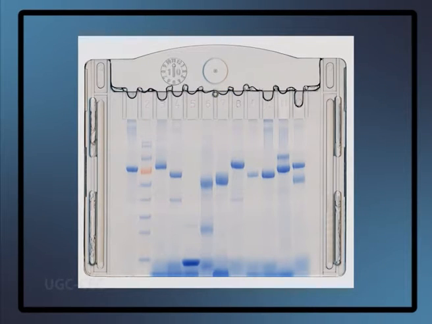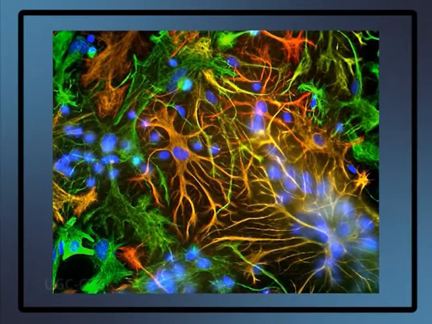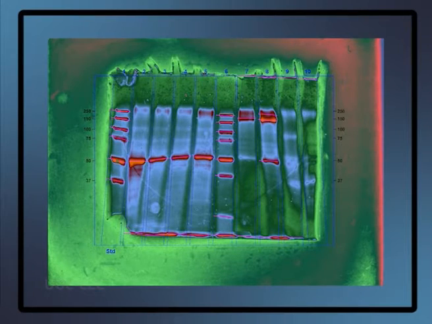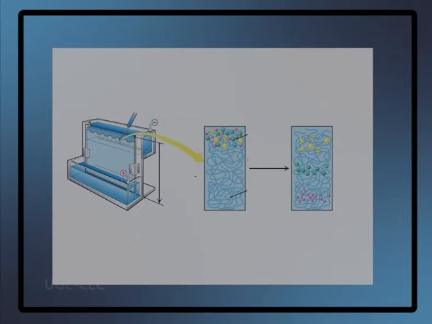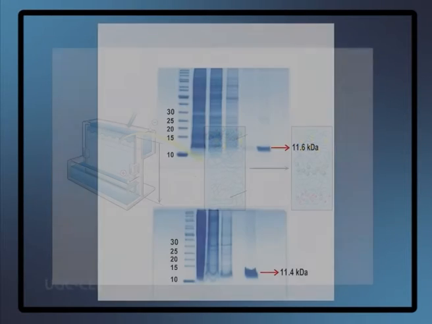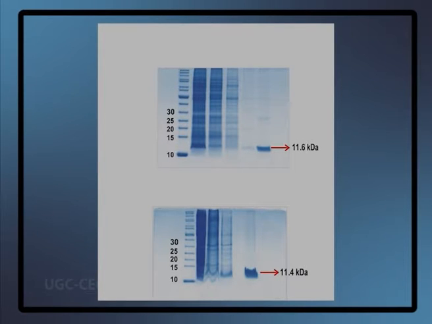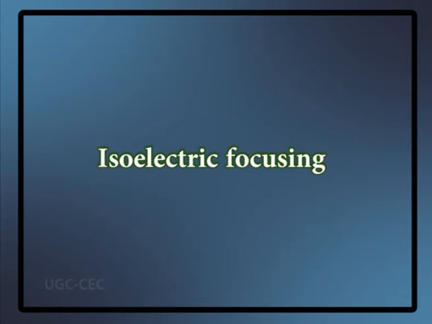In SDS-PAGE, separation is based upon the molecular weight of proteins, and it is the most common method for determining the MW of proteins. It is also useful for checking purity of protein samples. Two, native PAGE, in which separation is based upon charge, size, and shape of macromolecules. It is useful for separation and purification of mixtures of proteins.